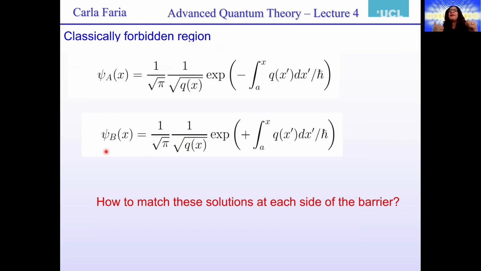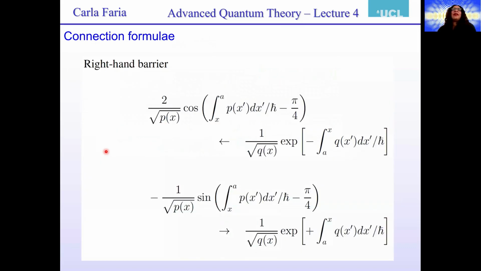These wave functions are constructed in such a way that you obtain asymptotically something that looks like the WKB approximations, functionally speaking. And we know that in general they are going to be given by a coherent superposition of psi A and psi B in whatever region you are. So how do we match this?